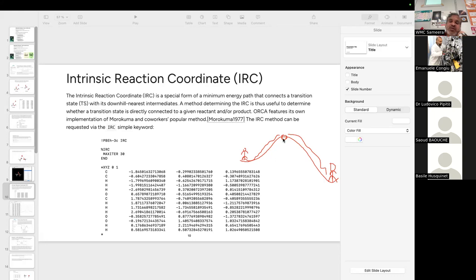Okay, so imagine you are on the top of a mountain, and if you try to go downhill, you can go in many different directions, right? But our idea is to go along the energetically lowest pathway towards the reactant or the product.